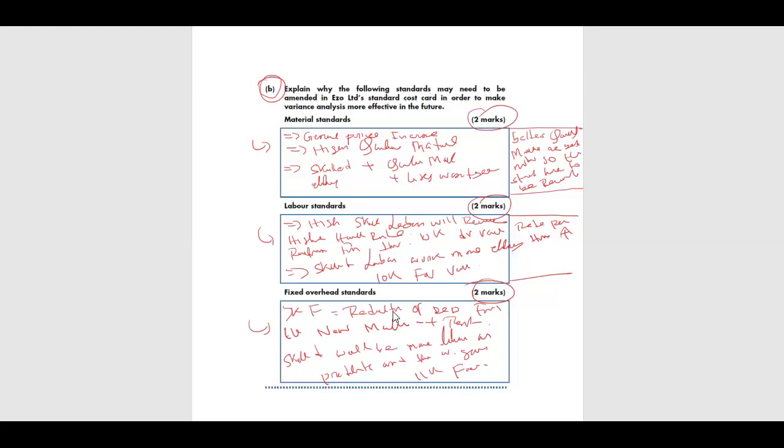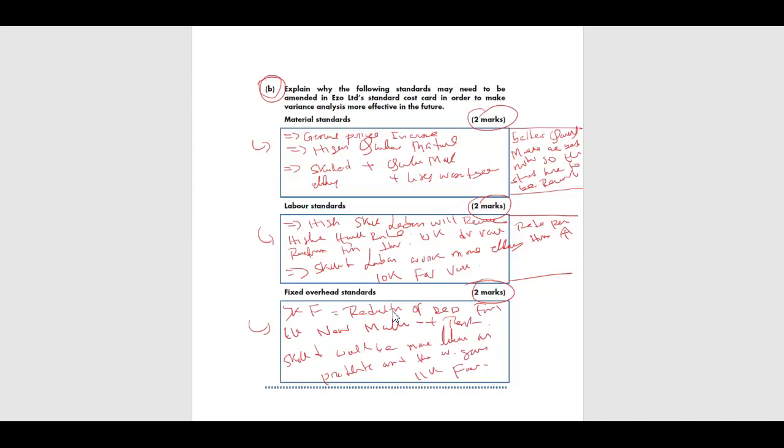If we say that, then obviously the difference we can calculate more accurately. If we still keep the same standard like before that we used to keep for the unskilled labor, that will be still the same. So you have to change the rate per hour. Obviously that will bring down a more accurate figure when you do the analysis for the variance.